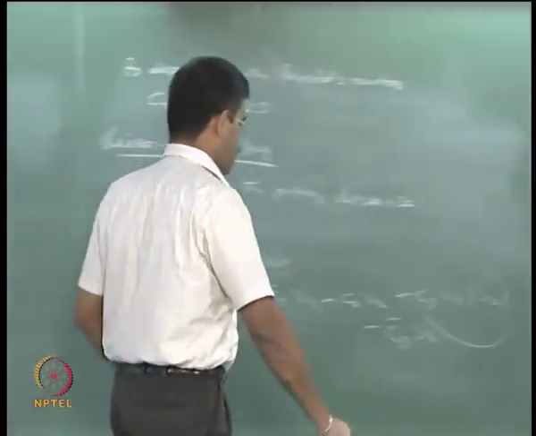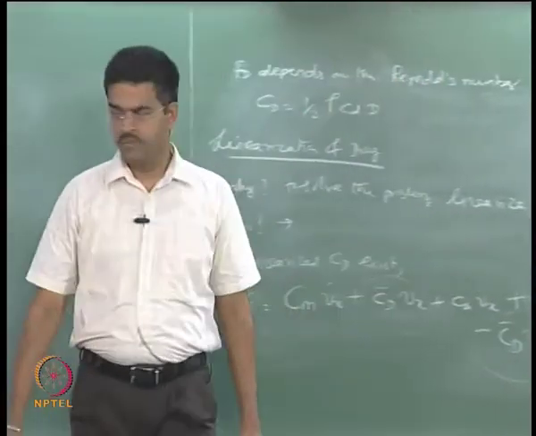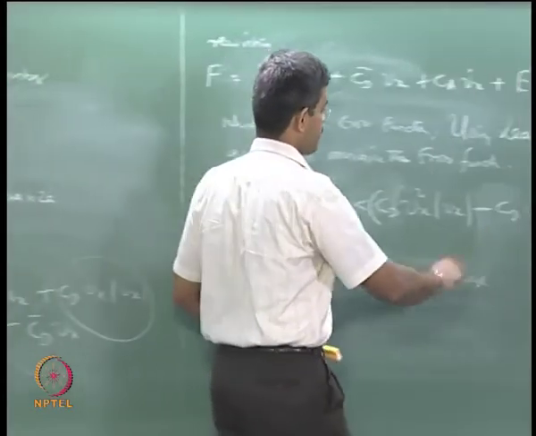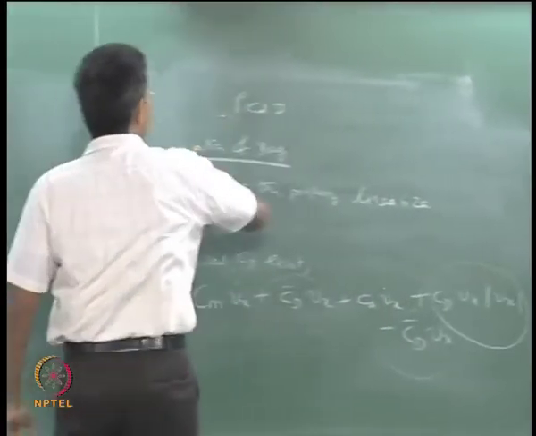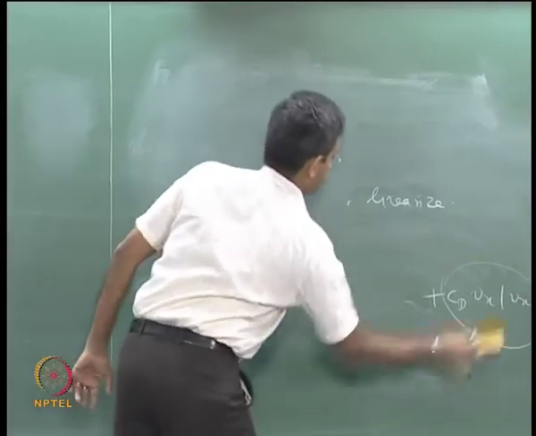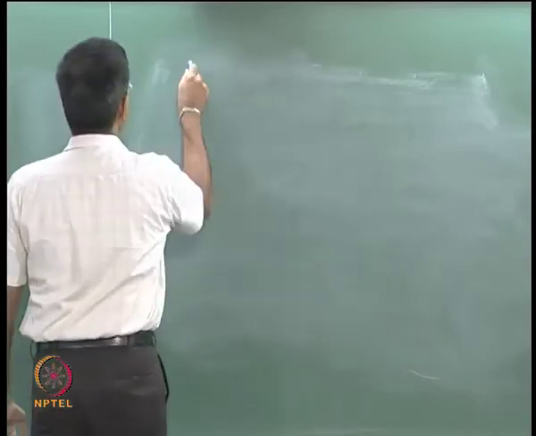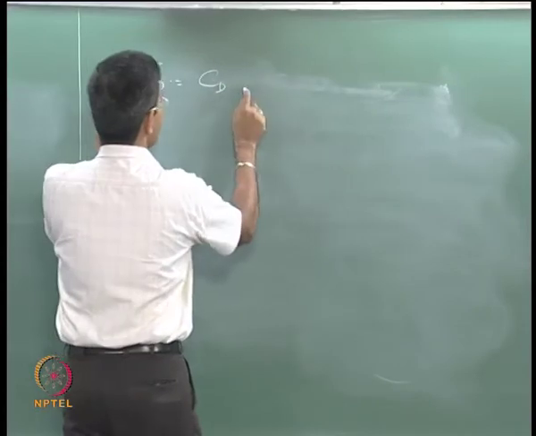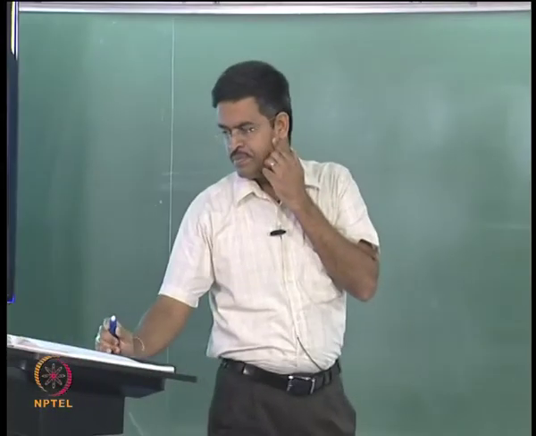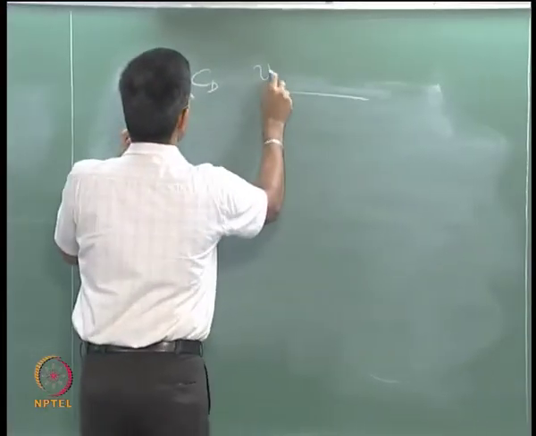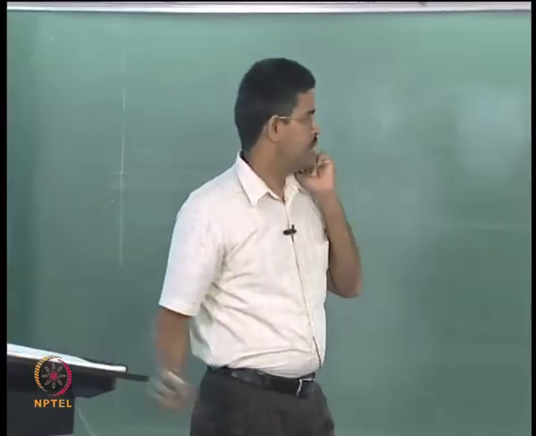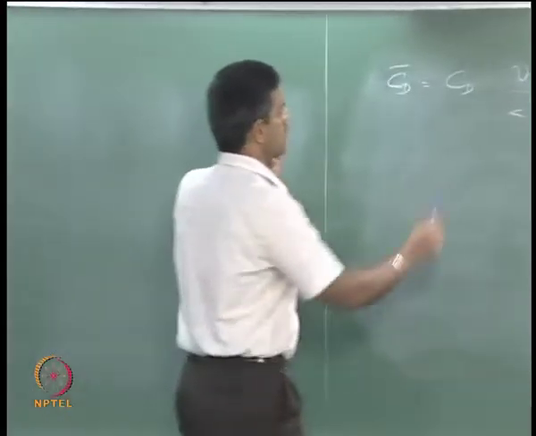So, from this equation I can easily find Cd bar, which I want, it is a linearized drag coefficient, which is Cd times of, because I am setting it to 0, Vx square absolute Vx by Vx square, of course a time average of this, and of course a time average of this.